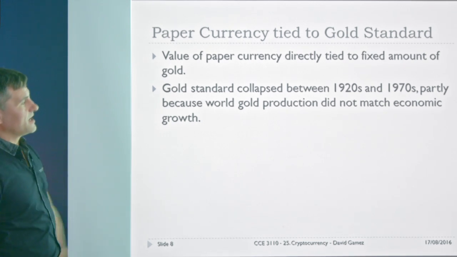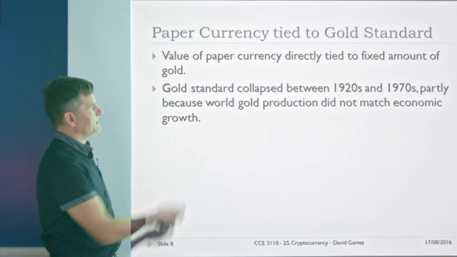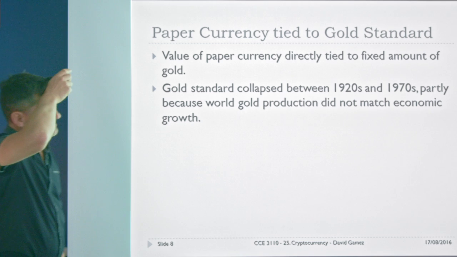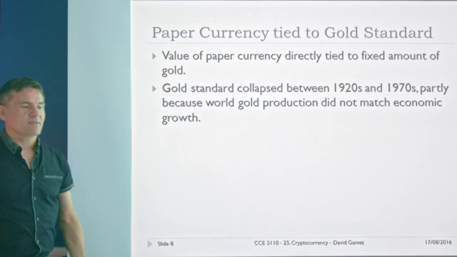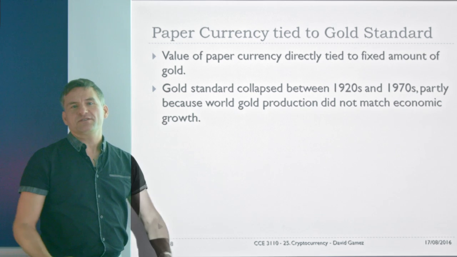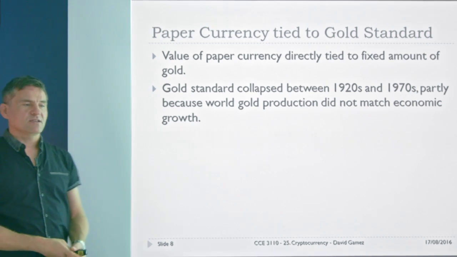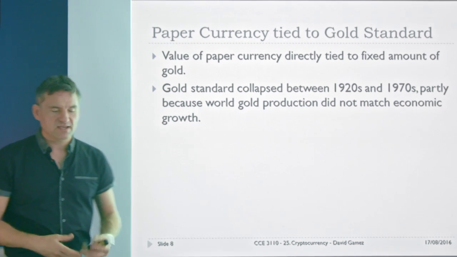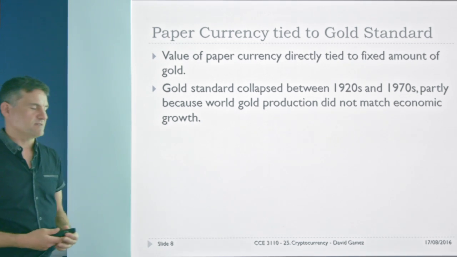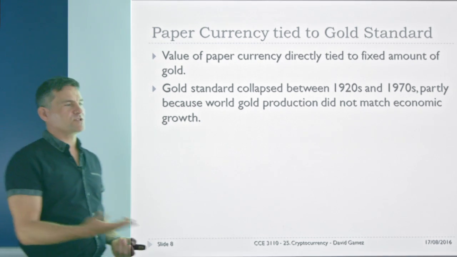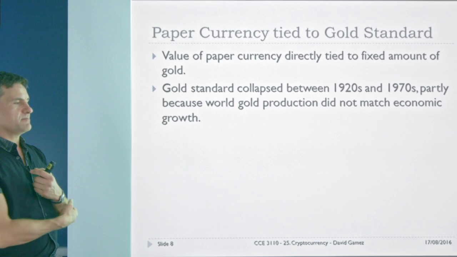But it collapsed, partly because gold production did not match economic growth. In an economy, you need lots of exchanges. If your economy is based on money, you need to constantly exchange money, and you need more and more money if you've got more and more economic activity. If you're only selling one sheep a year, then you don't need much money.